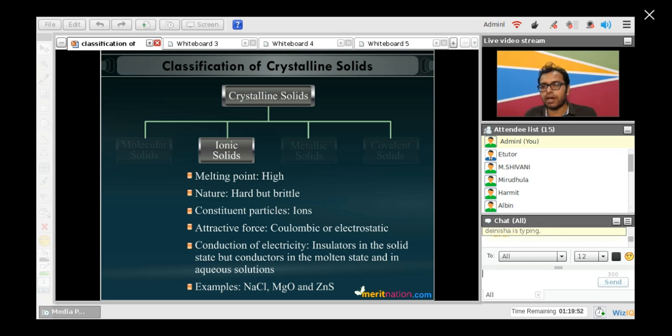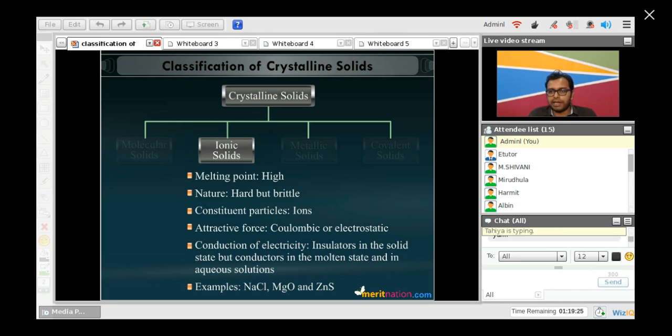Now, if you convert the ionic solid into molten state, let's say you are heating the ionic solid and it gets converted into the molten state, then the ions become mobile, right? And when the ions become mobile, they become a charge carrier. Ions are free to move in molten state. So that's why it starts conducting electricity.